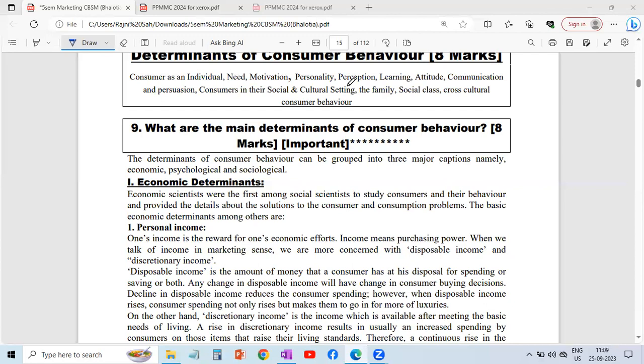Now, one's income is the reward for one's economic effort. A person's income is their reward for their economic efforts, for how much effort they put into their lifestyle. Obviously, if you take Ambani, he is living a very high-fi lifestyle, but we will not be able to maintain that lifestyle, because our personal income is not that much. How can we every day go and buy Swarovski or diamonds, go shopping? It's not possible. But here, Isha Money has brought out a brand named Altros, which is very, very affordable.